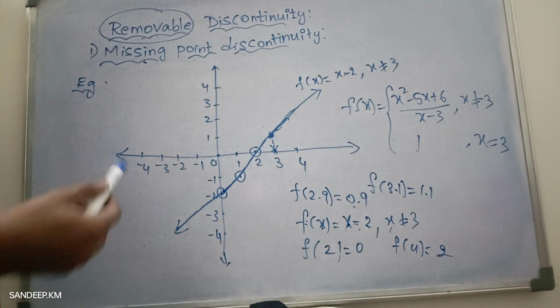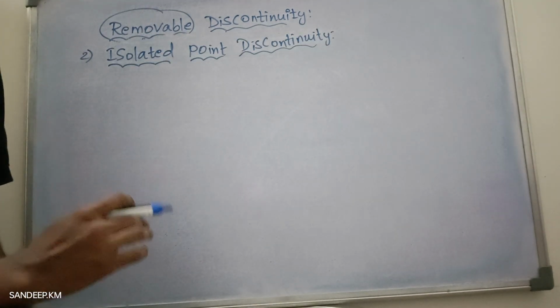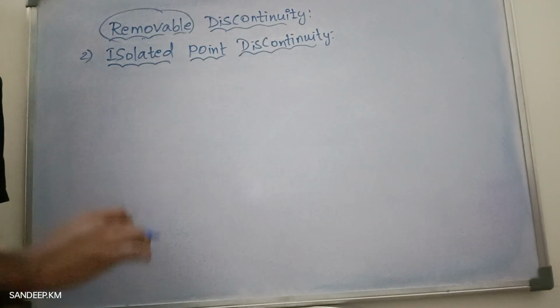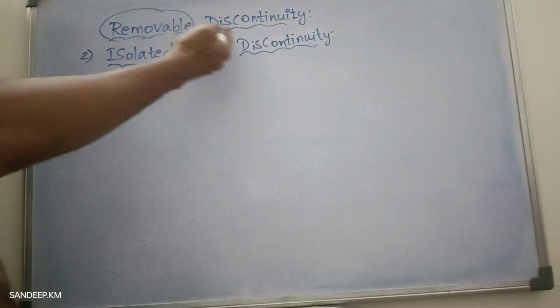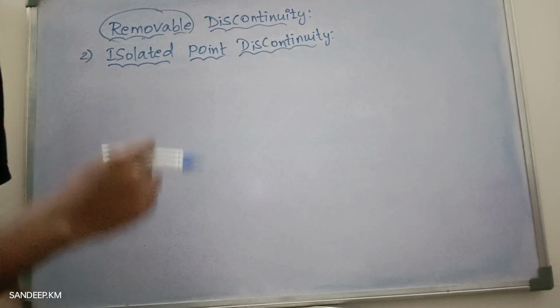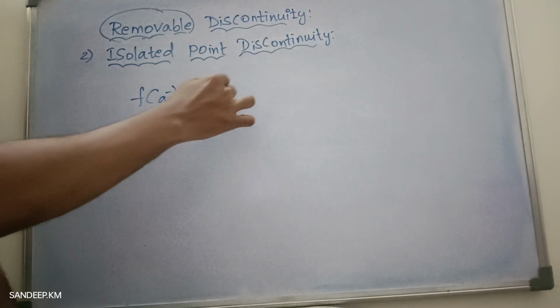Similarly, let us see what is next discontinuity. Now let us discuss about isolated point discontinuity. Okay, in this type of discontinuity, this is also removable discontinuity only. Even here also the limit of the function exists, which means that the left hand limit is equal to right hand limit.